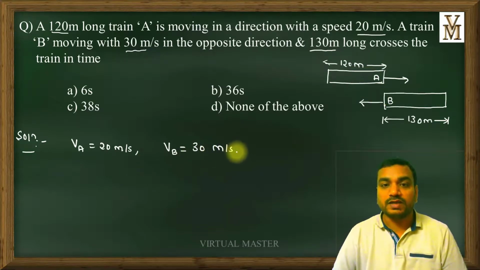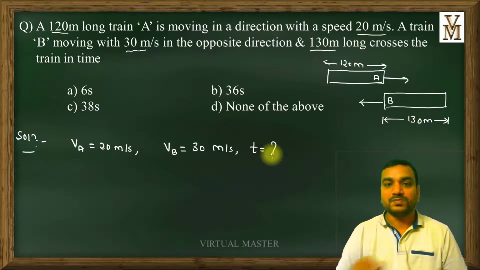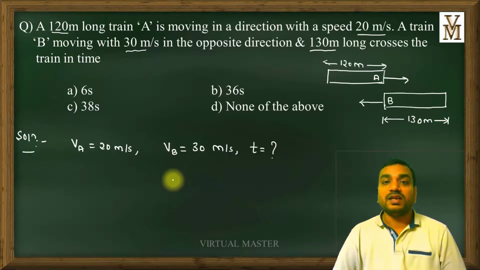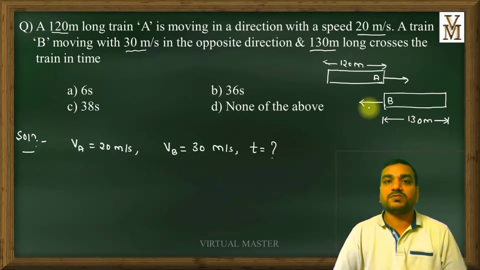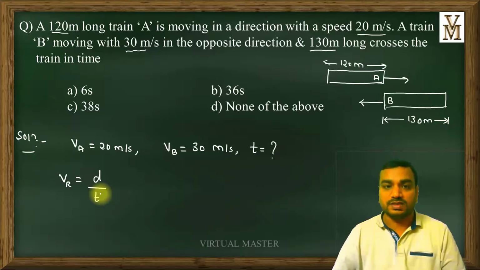So we have to find the time taken by the two trains to cross each other, and I will call that time T. Now, since the two trains are crossing each other, the relative velocity, which I will call VR, will be equal to the distance traveled by the two trains divided by the time taken to cross each other.